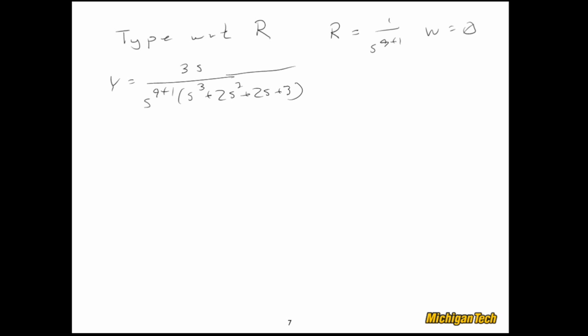Now before I go off and do the steady state error, I have to remind myself what the steady state error is based off of, and that is the error function. And the error is always the reference input minus the output. So in this case, it'll be 1 over s to the q plus 1 minus this value of Y that we have directly above it.